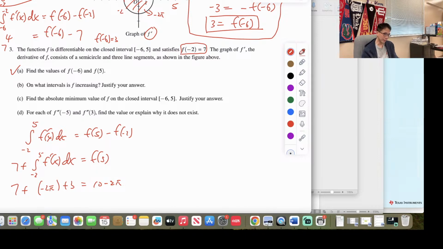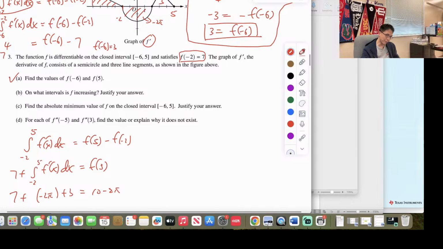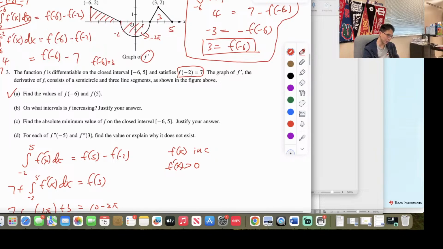No? Okay. For us, on which interval is f increasing? Now, realize that f is increasing. That means f prime of x is greater than 0. So in this case, you're just looking at f prime and looking above the x-axis.